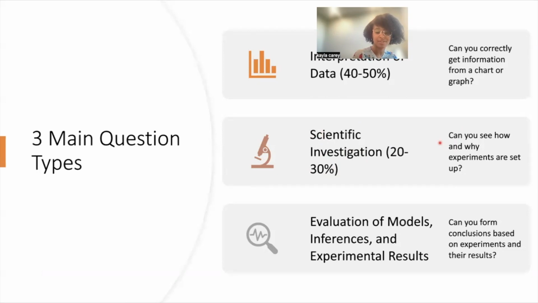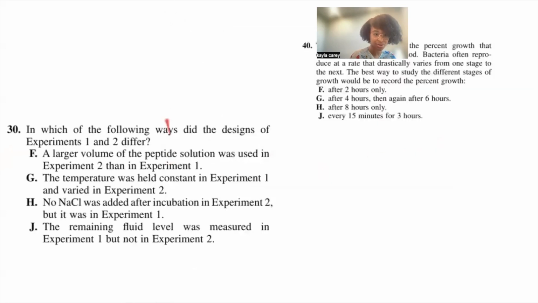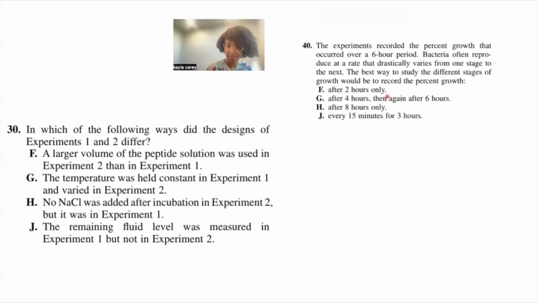And what are kind of the different factors that they used in order to see information? So for that, you're going to be asked questions like, how do the designs of 2 experiments differ? How are they different? Or they're going to look at how to study different factors of that experiment.